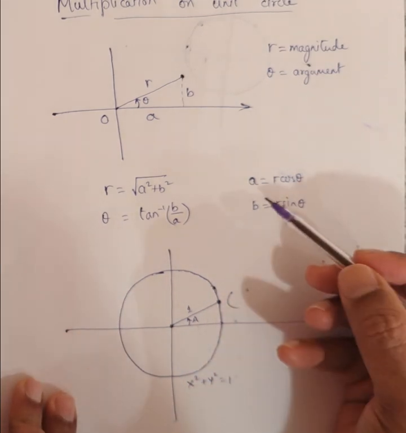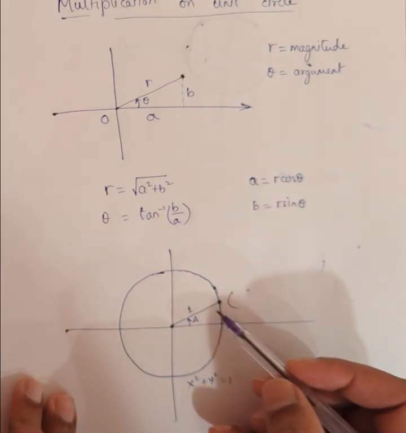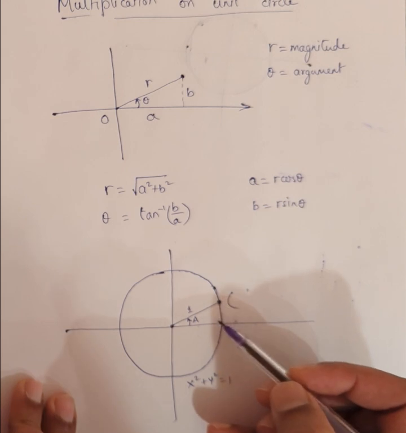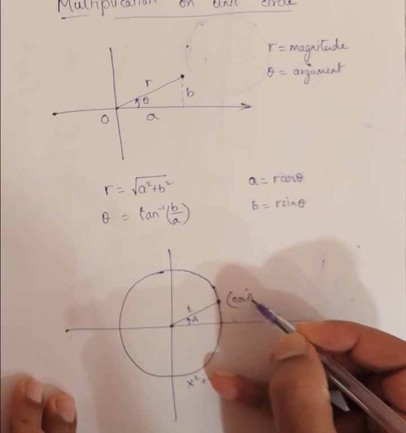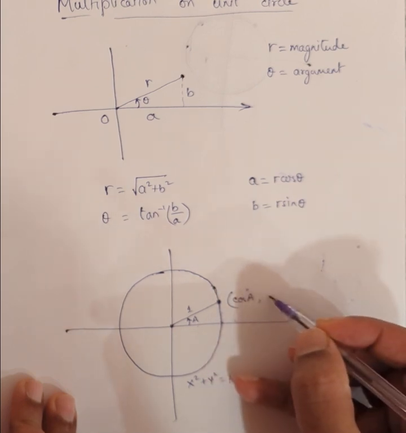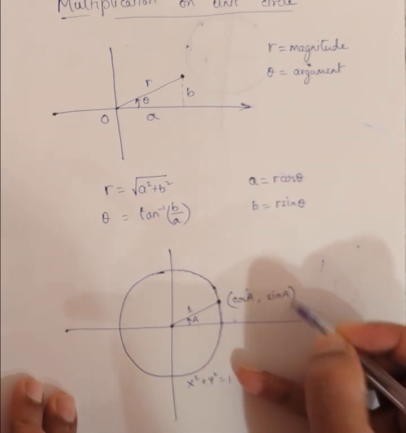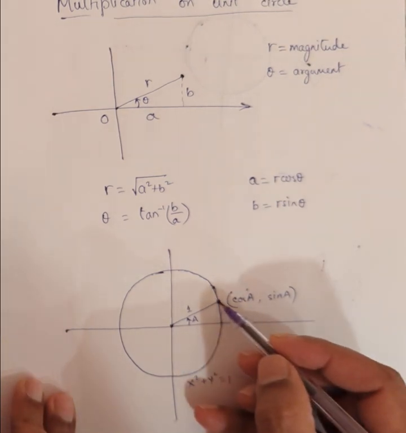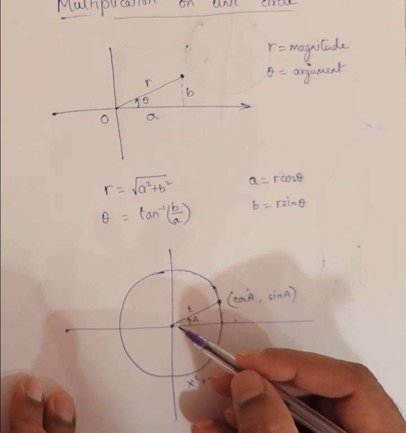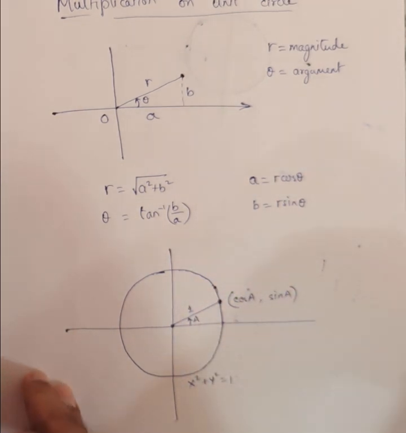So I could either use x equals r cos theta and y equals r sin theta, or I can recall this is how we defined cosine and sine. Cosine is the x coordinate on the unit circle, sine is the y coordinate.